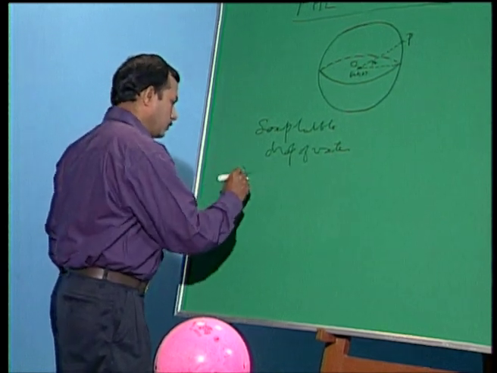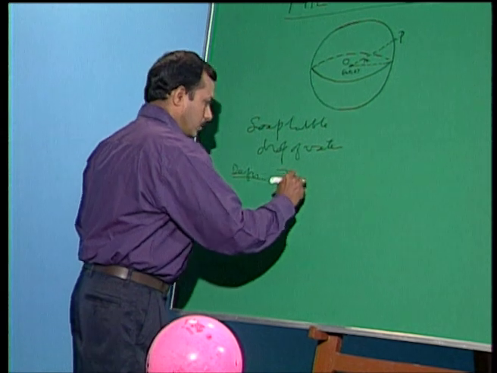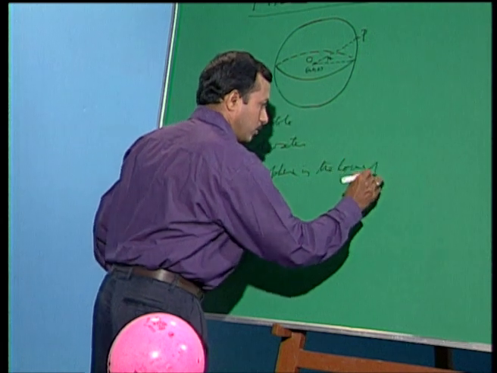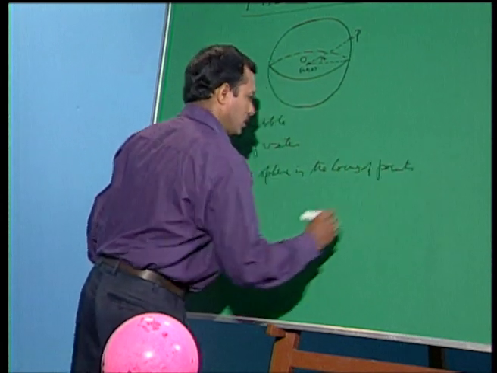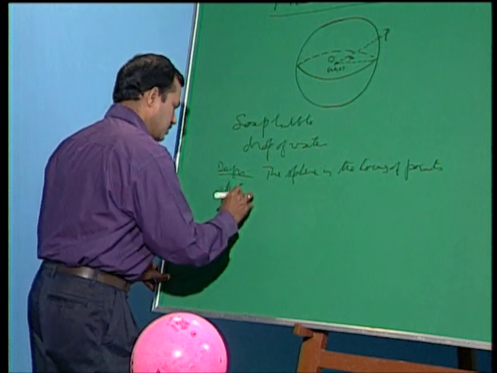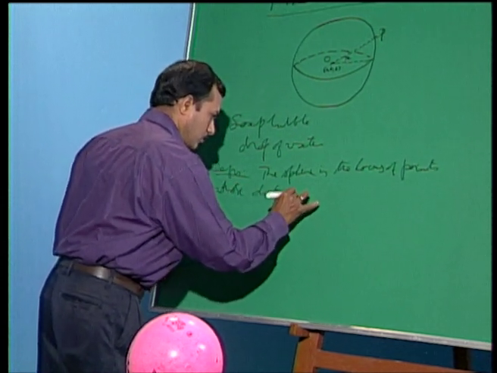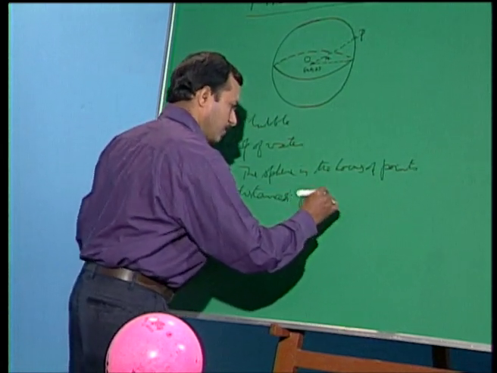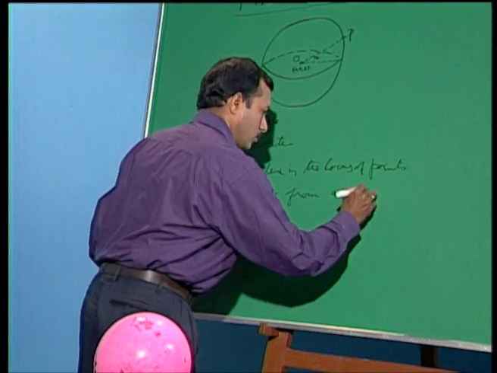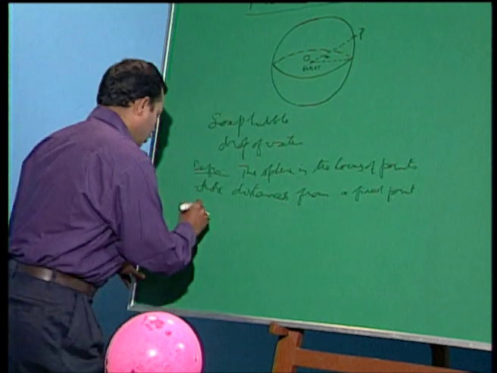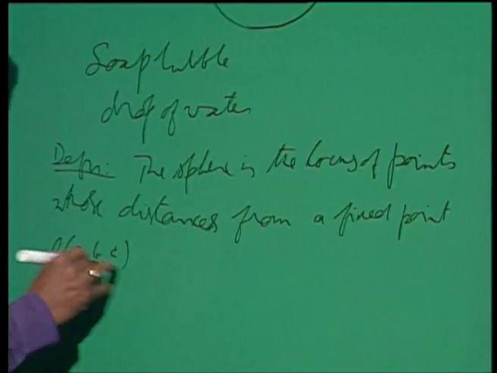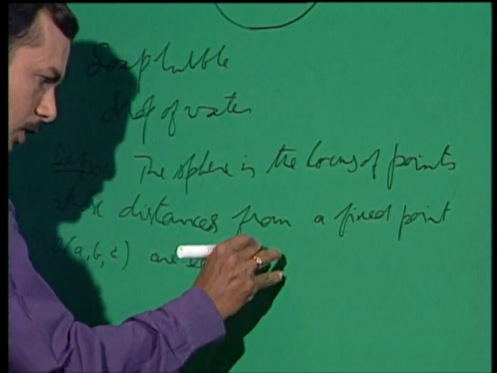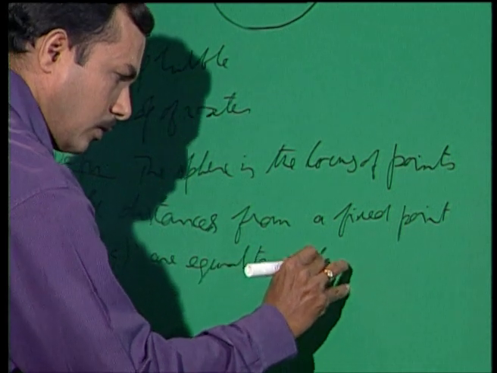Definition: the sphere is the locus of points whose distances from a fixed point O having coordinates a, b, c are equal to the constant r.